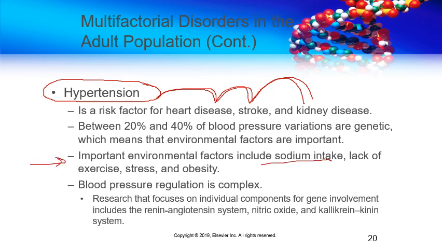That's their sodium intake, their lack of exercise, stress, and obesity. All of that increases their risk factors of hypertension. And again, when you start talking about the RAS system in patho, when we get to it, blood pressure regulation is very, very complex.